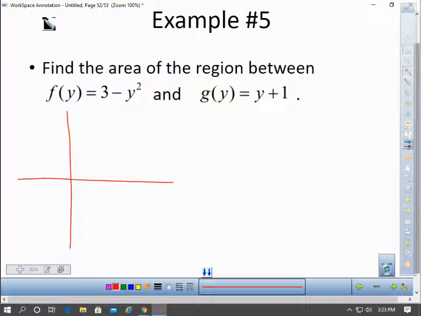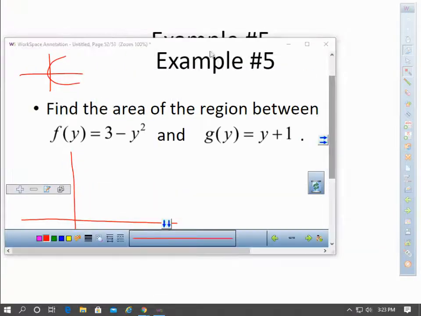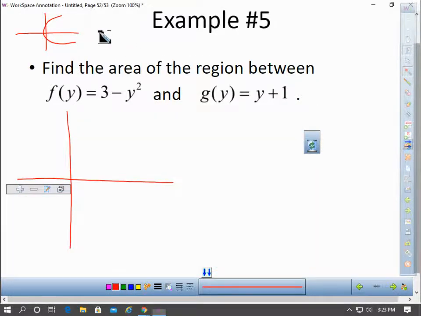Instead of being a vertical parabola, it's a sideways parabola. So if you have positive y squared, it goes this way, right? If it's a negative y squared, then the graph is turned this way with the mouth open on the left. So this is positive y squared, and this is negative y squared. Of course, they would be touching the origin if it was just y squared. So I have y squared, and I have it negative, so that means it's the one that's opening to the left.